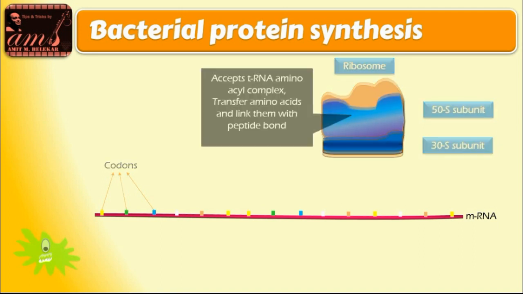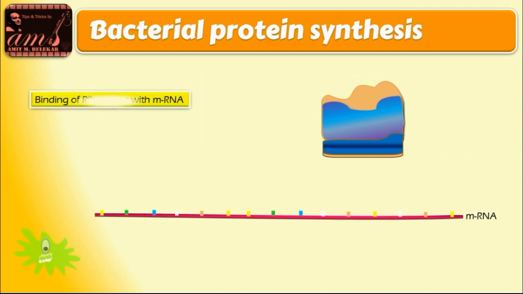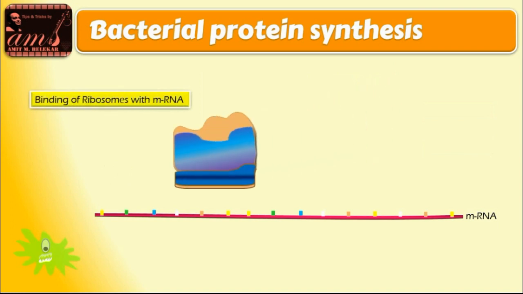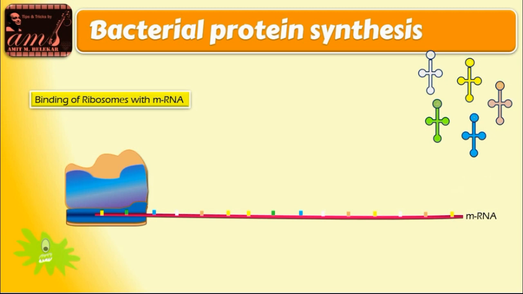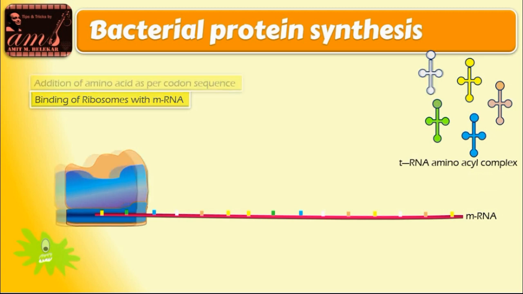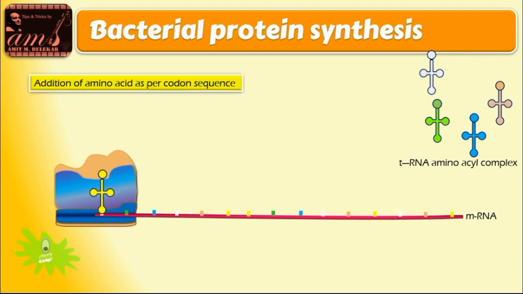Thus the 50S subunit is responsible for accepting the tRNA amino acid complex, transferring amino acids and linking them with the help of peptide bonds. Then the ribosome binds with one end of the mRNA; specifically, the 30S subunit binds to the mRNA strand, reads the codon present on it and attracts the tRNA having the same codon, which carries a specific amino acid. This is called the tRNA aminoacyl complex. The tRNA binds to the acceptor site of the 50S subunit and the ribosome moves to the next codon.